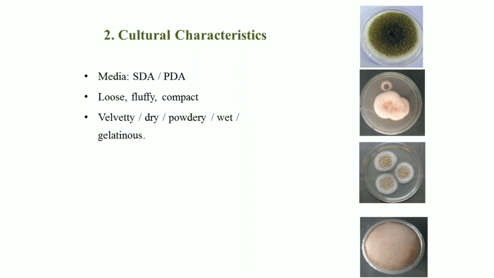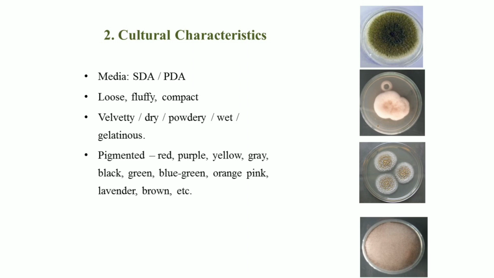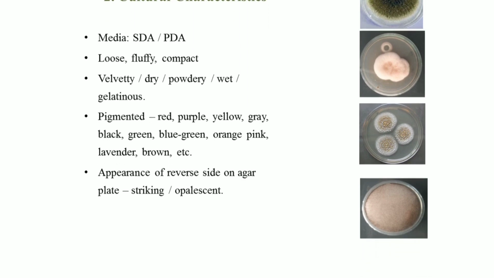Some are pigmented, for example red, purple, yellow, grey, black, green, blue-green, orange, pink, lavender, brown. The appearance of the reverse side of a mold on an agar plate may be striking, like opalescent. The pigments in the mycelium are characteristic of masses of asexual spores.